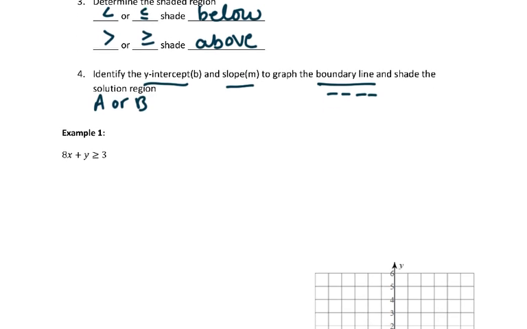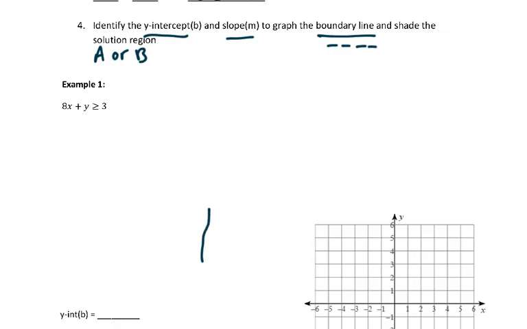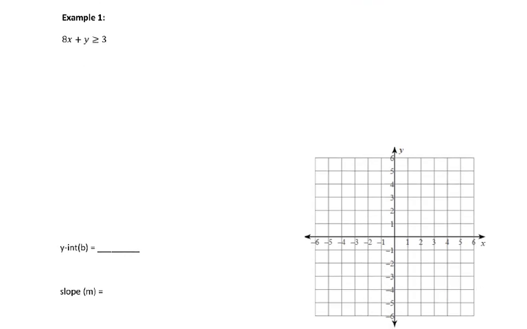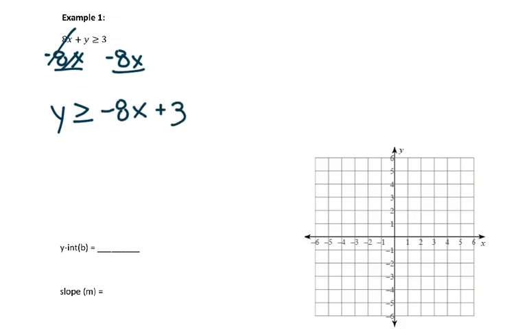Okay, so let's take a look at this. All right, our first example, it is not in y equals mx plus b. So let's use our skills from the previous lesson. We're going to subtract 8x on both sides. So we get y is greater than or equal to negative 8x plus 3. Now, we don't have to divide by 1 because y is already by itself.